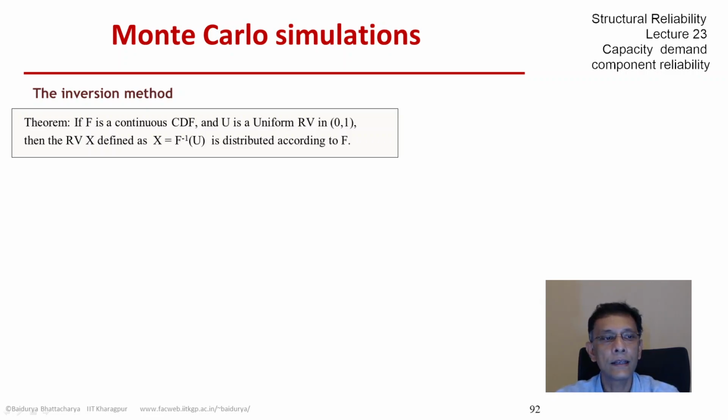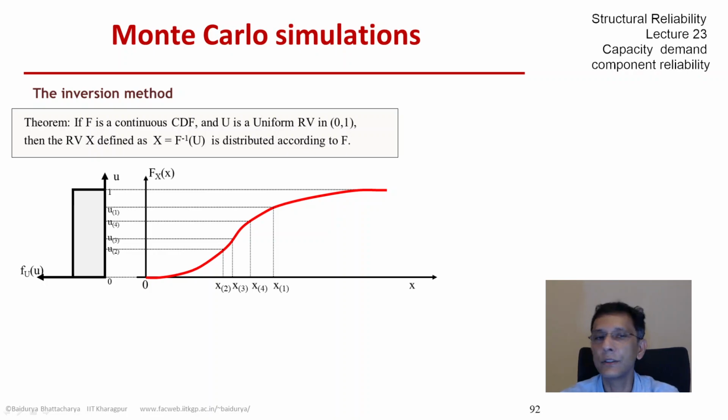All it says is that if you are able to generate standard uniforms, and then if you can invert any arbitrary distribution function, then that would give you the deviates from that arbitrary distribution. So here are the steps pictorially. On the left, you see the standard uniform density function that takes on values between 0 and 1, and that basically corresponds to the arbitrary CDF F_X, which also takes values between 0 and 1.